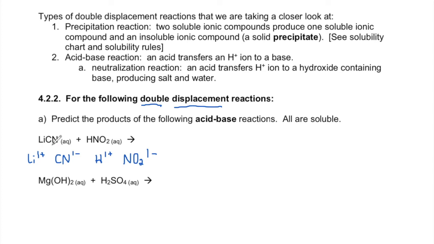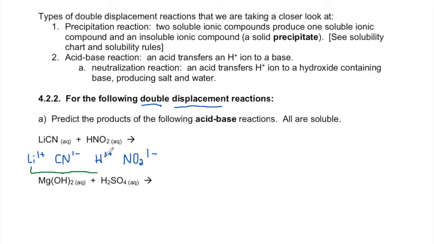All right, so I've separated these partners. If we want to swap partners, it's better to separate them first, so then we can do a swap. Let's see what partner lithium is going to end up with. So lithium can partner with cyanide ion, but it already started that way, so that wouldn't be a swap. So let's not do that one.